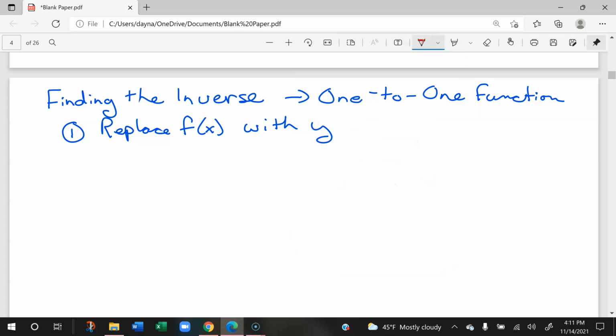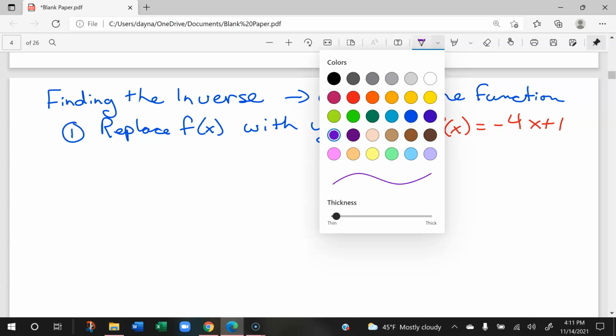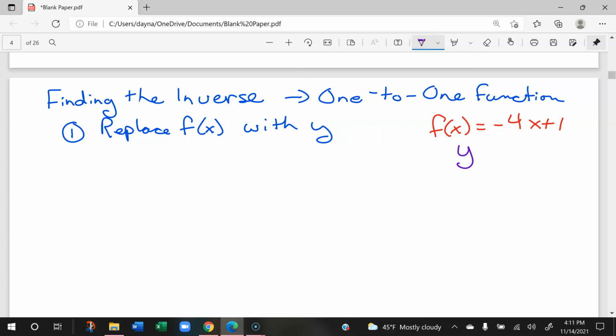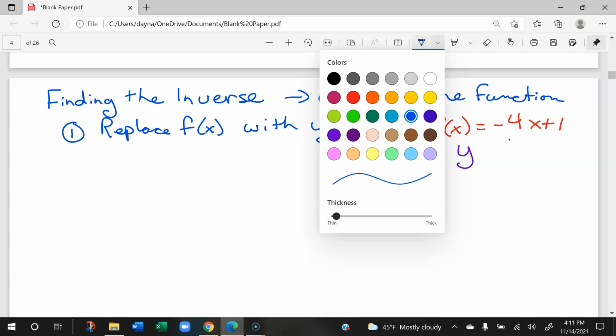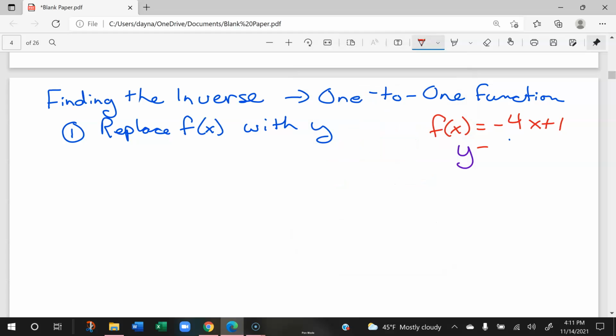If we have f of x is equal to negative 4x plus 1, the first step is to replace that f of x with a y. So I've replaced that f of x with a y, and for right now I'm going to leave everything else as it was.